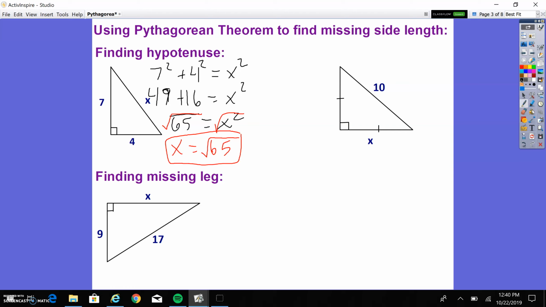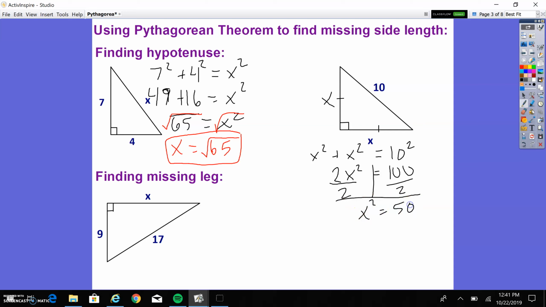So I'm just going to leave it as x equals the square root of 65. For our next one, we have these tick marks here. So each side is x. I'm going to set that up as x squared plus x squared equals 10 squared. When I have x squared plus x squared, that's actually 2x squared, and 10 squared is 100. So I'm going to divide by 2, and I get x squared equals 50.